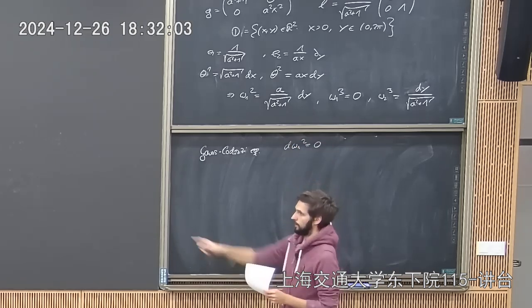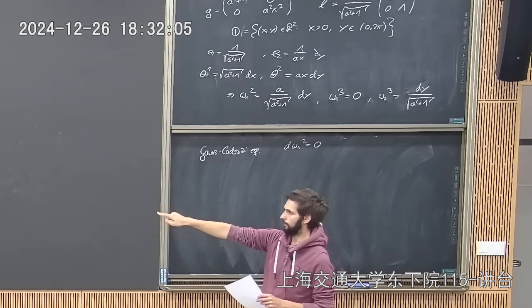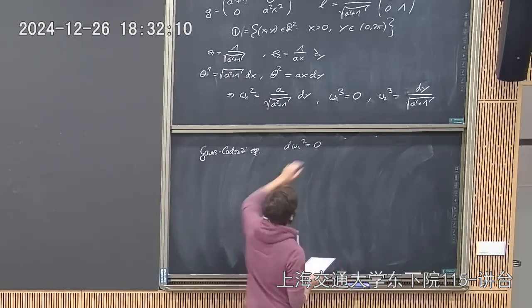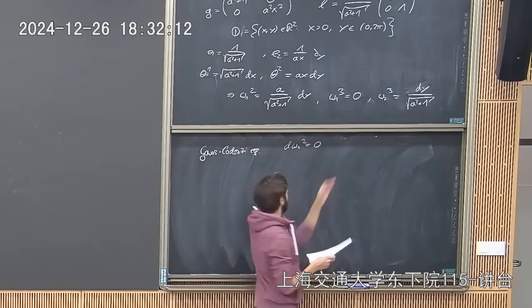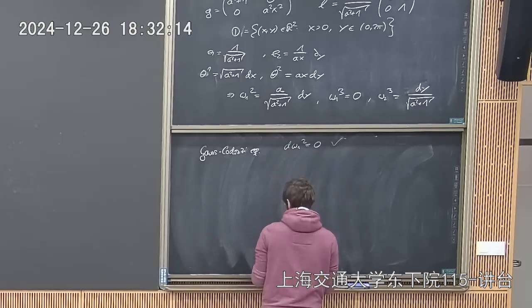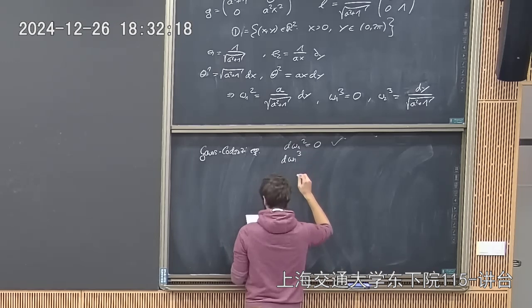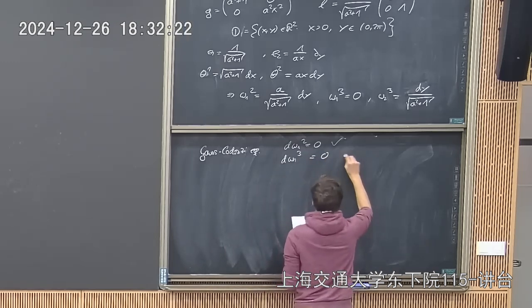And by this equation, it should match omega 1,3 wedge omega 2,3. So omega 1,3 is 0. So in that case, this equation holds. And in a similar way, you just verify that actually all of them are 0.